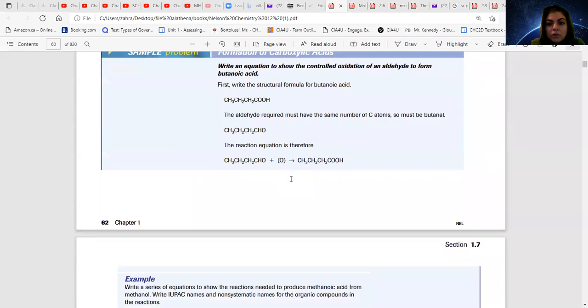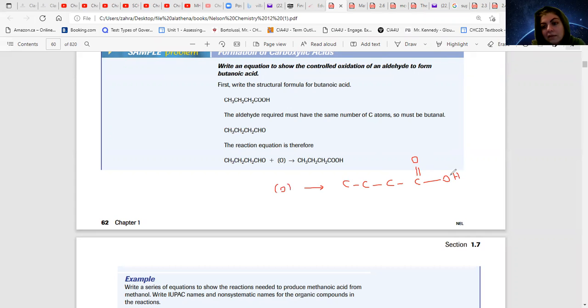Write an equation to show the controlled oxidation of the aldehyde to form butanoic acid. Butanoic acid is 4 carbon, 1, 2, 3, 4, with a double bond with oxygen and single bond with OH. Now, how do we form that? You have to think backward. There is oxidation of the alcohol.